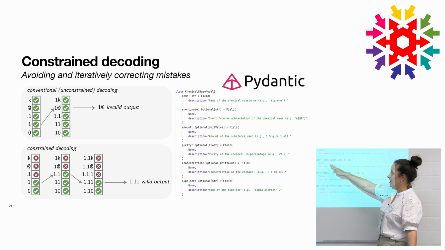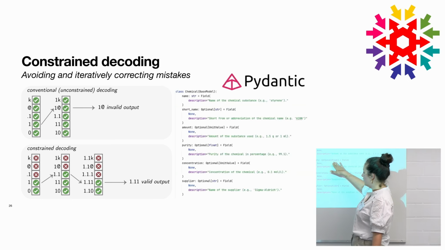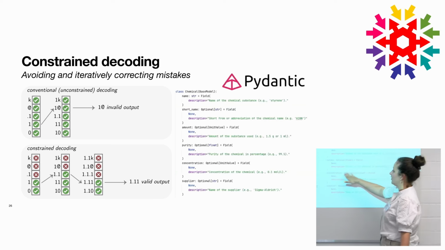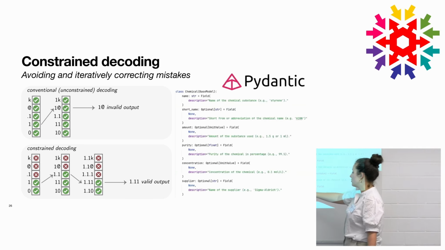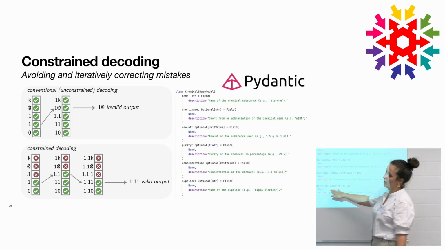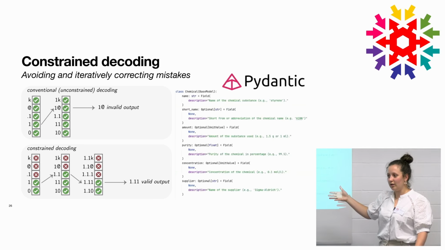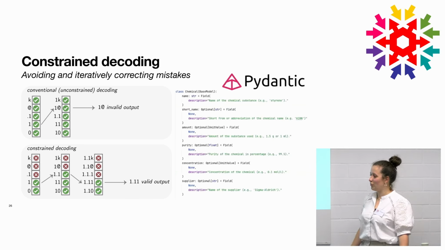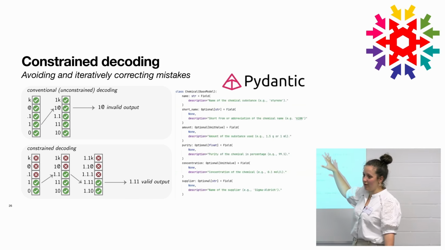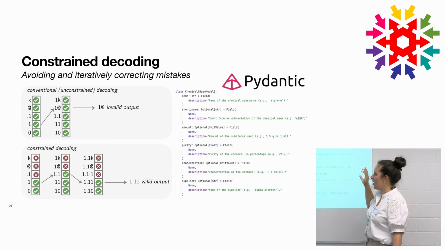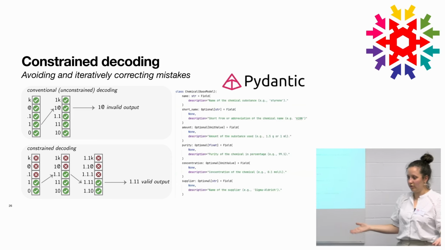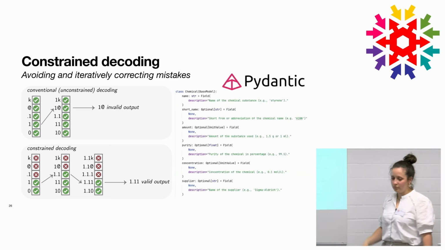Then we have, for example, the purity, and that should be a number. Concentration is, again, some kind of unit value. And then we have the supplier, which is a string. With these schemas, you can build really complex schemas, and that helps a lot to ensure that your output is actually the one you want.